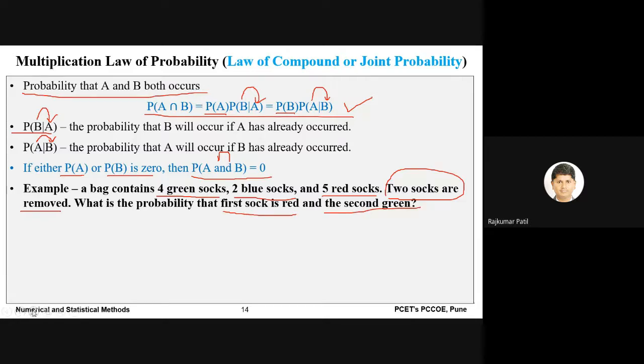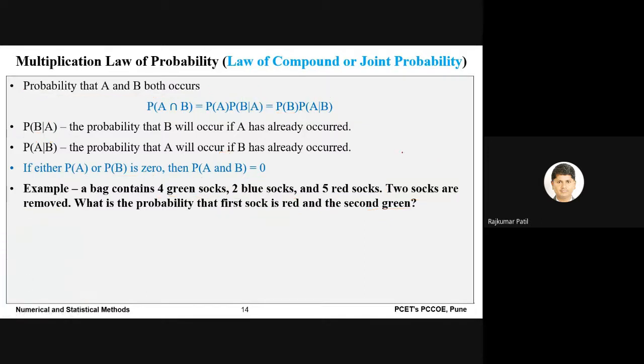We need to understand this problem very carefully. Total socks are 11, out of which you have to remove 2. You will not remove both socks simultaneously. First, you will remove the first sock and then you will remove the second sock. This is how the problem is defined.